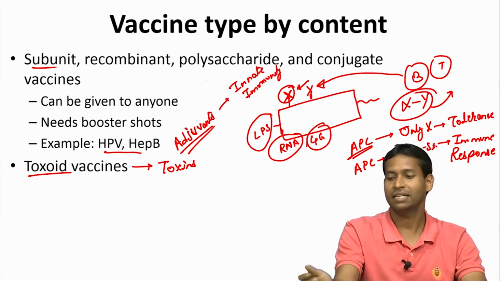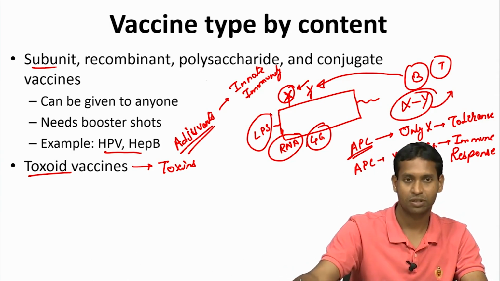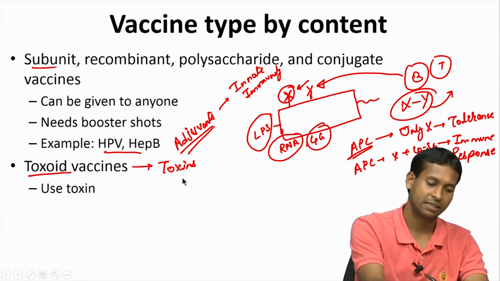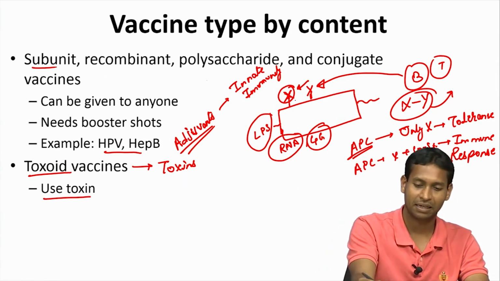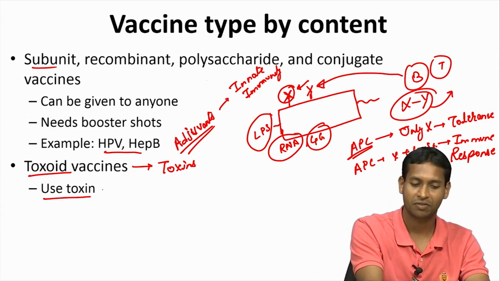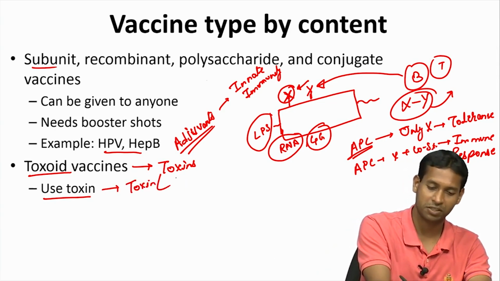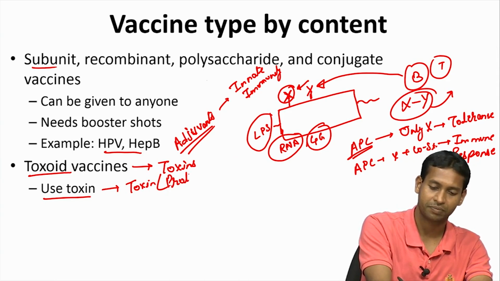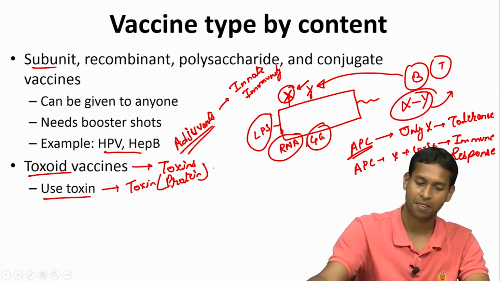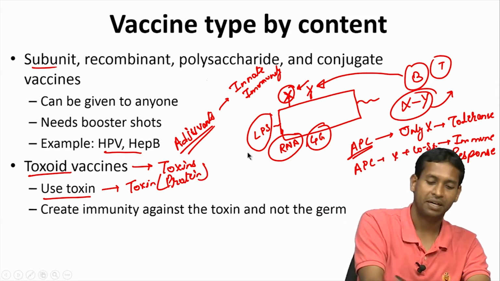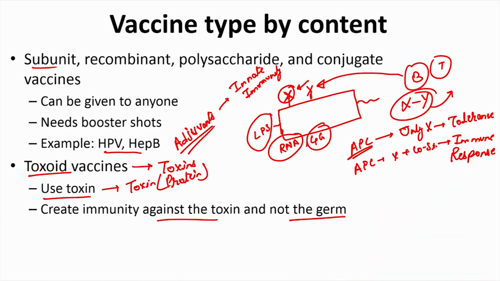So, if that is the case, these toxoid vaccines can then be used, and this is basically nothing but you are still injecting a protein. So, instead of this protein X, you are now injecting the toxin, which is of course also a protein in most cases. So, this is to create immunity against the toxin, but not the germ.